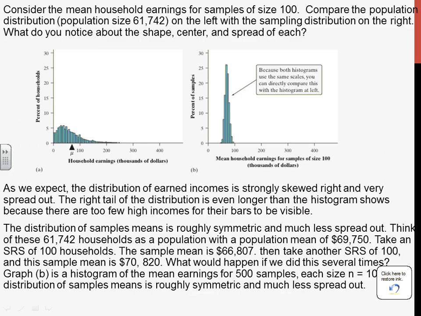All right. Consider the mean household earnings for samples of size 100. Compare the population distribution, size 61,742, on the left with the sampling distribution on the right. What do you notice about the shape, center, and spread?